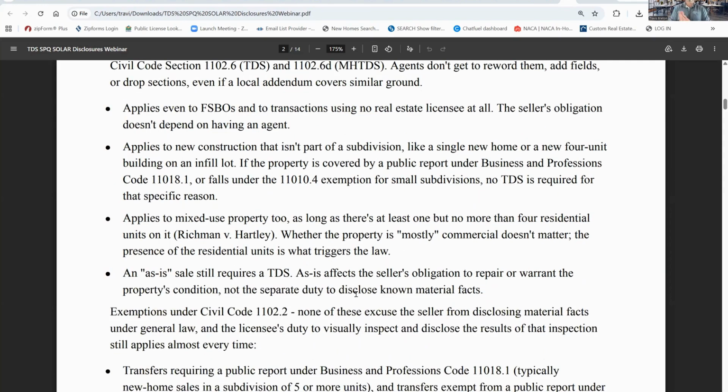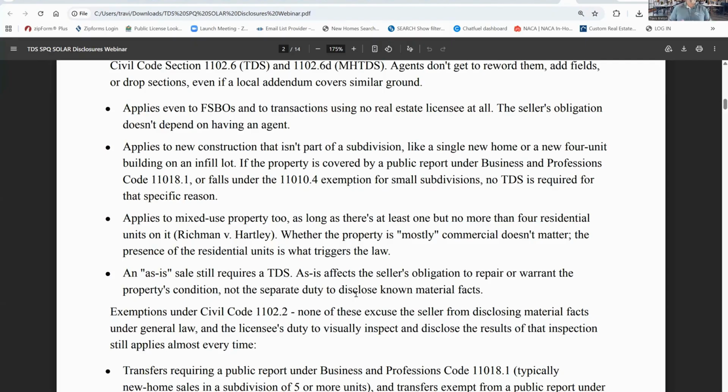So this applies even to FSBOs, common misconception there, and to transactions using no real estate licensee at all. The seller's obligation doesn't depend on having an agent. This has to do with property transfers, has nothing to do with CAR forms or hiring a licensee or anything like that to represent.